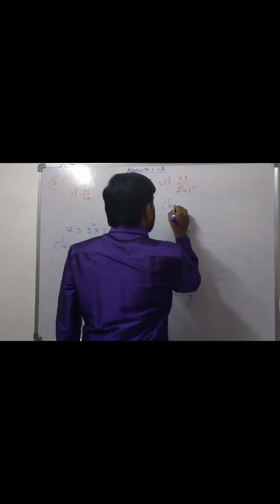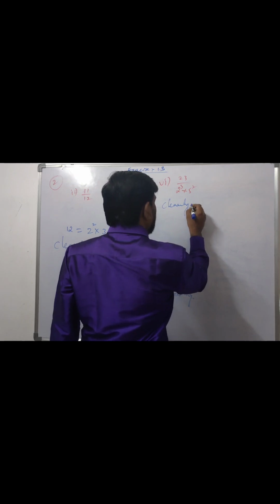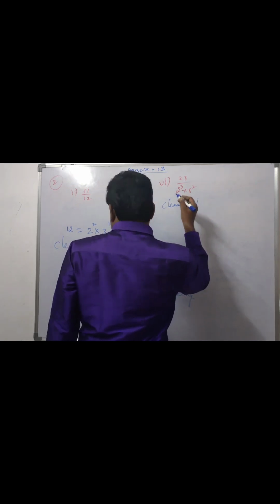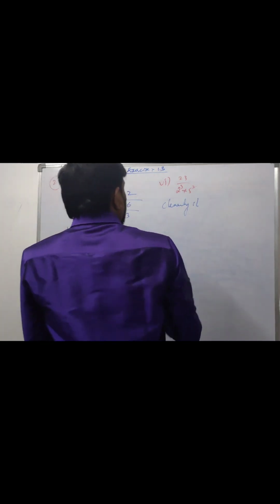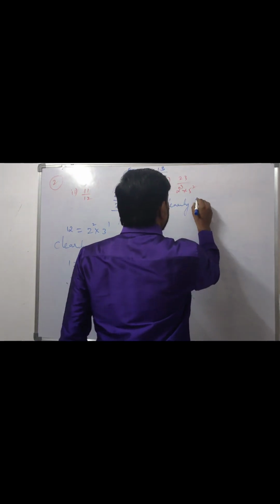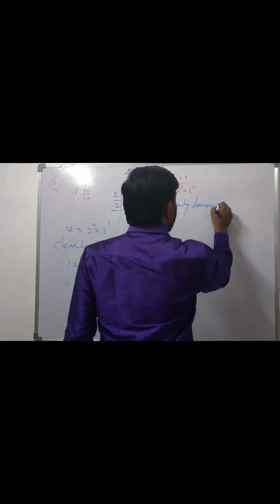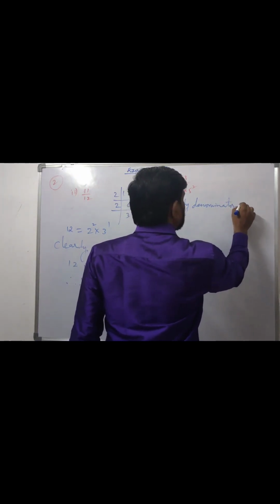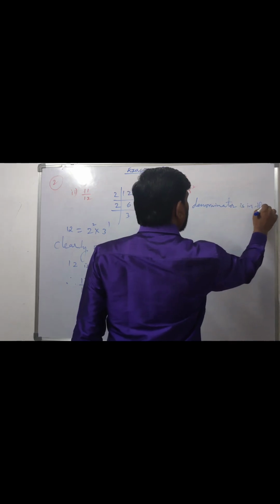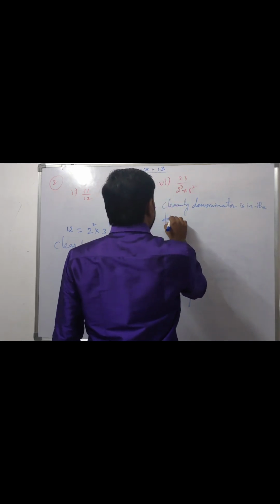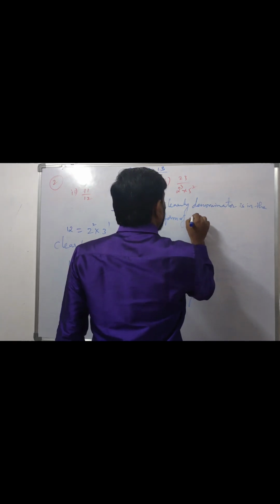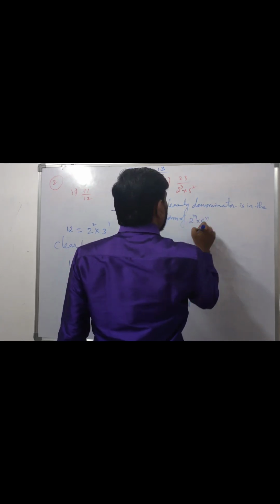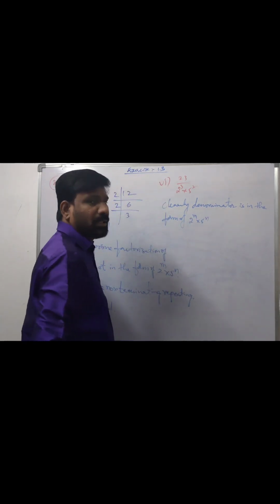So clearly, you can write it like this. The prime factorization of the denominator q is in the form of 2 to the power m into 5 to the power n. Isn't it?